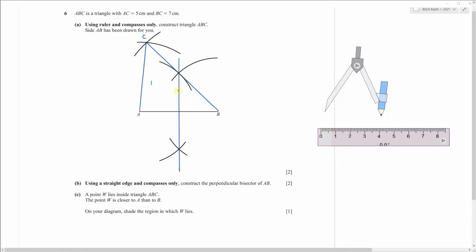So that means it's on the left hand side of this line bisector, because all the points on the left hand side of this perpendicular line bisector are closer to A. So inside the triangle and closer to A means this will be our shaded region. So your W will lie in this green shaded region somewhere.